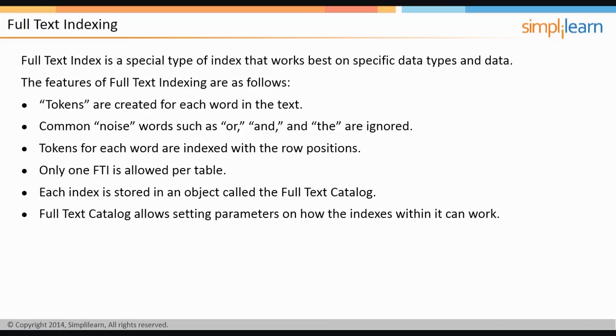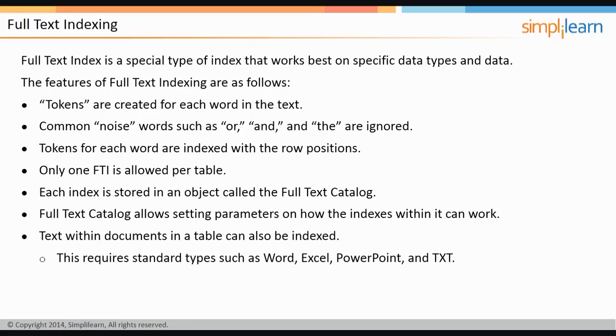FTI can not just index text within the column directly, but also text within documents stored within the table in the column. The FTI parser can read and parse text from different document formats, such as Word, Excel, PowerPoint, TXT. You can also add more types it can understand by adding components called iFilters.